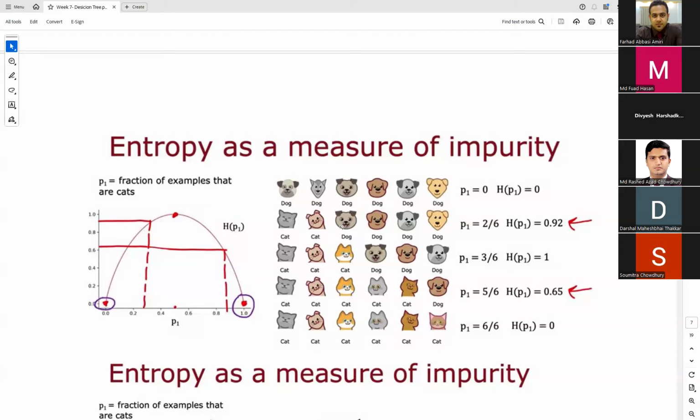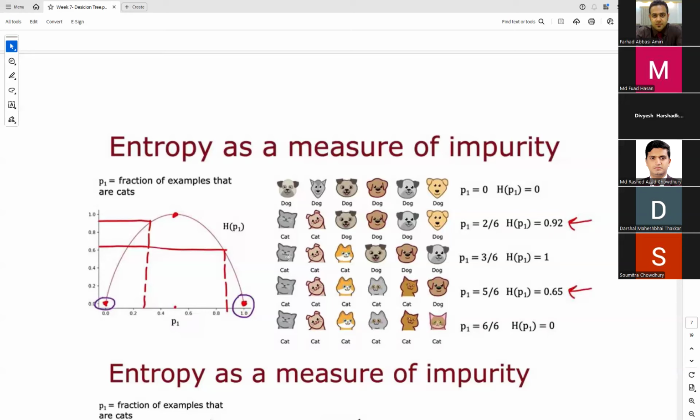How about this one? Two of them are cats, 2/6, which is 1/3. That is somewhere here, and the entropy is about 0.92.